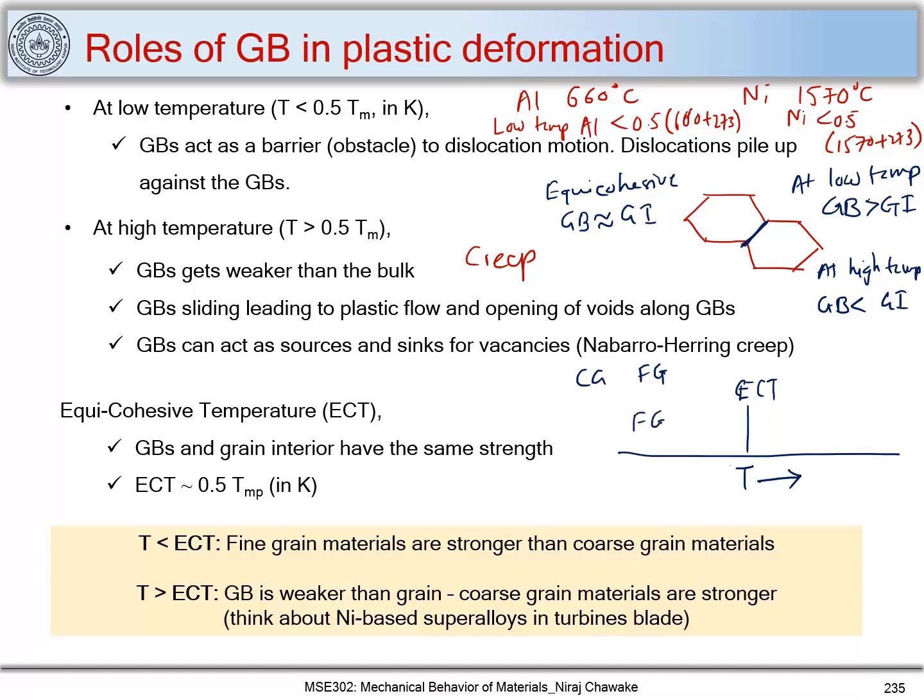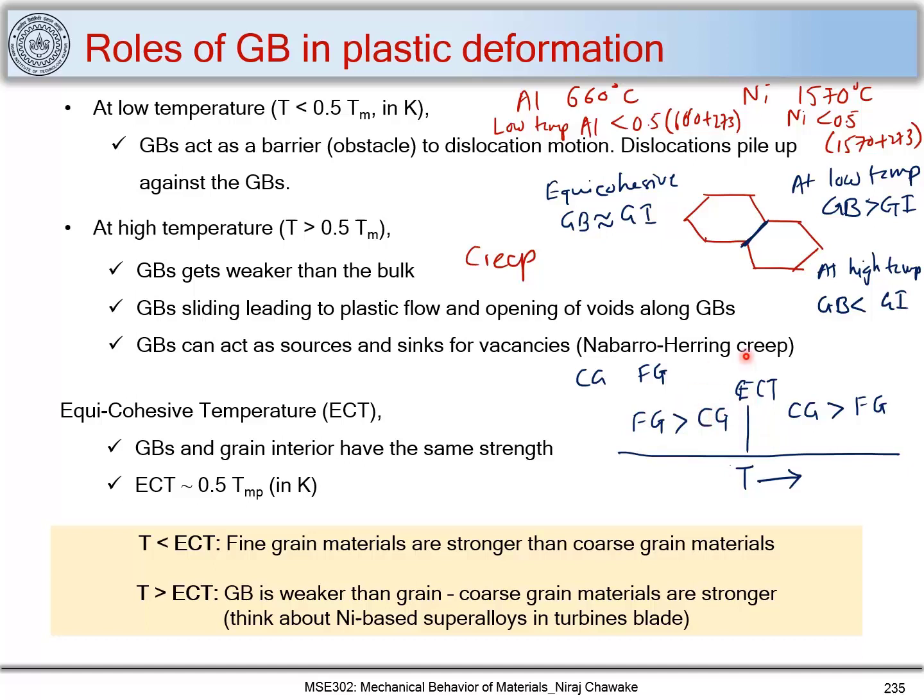Fine grain strength is greater than coarse grain strength at temperatures below the equicohesive temperature, and above the equicohesive temperature, coarse grain material will have more strength as compared to fine grain materials. Why is this happening? Because grain boundaries get weaker at temperatures higher than the equicohesive temperature. That's the reason we see the change in strength at the equicohesive temperature.